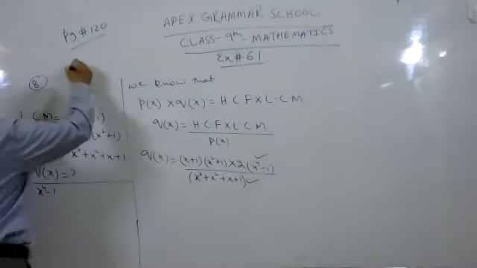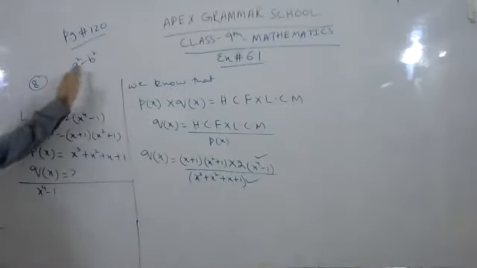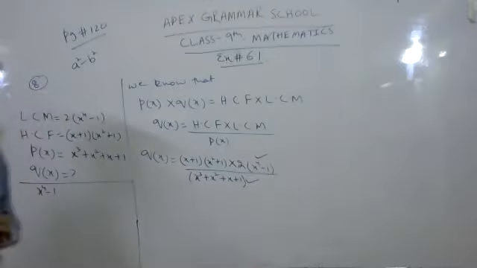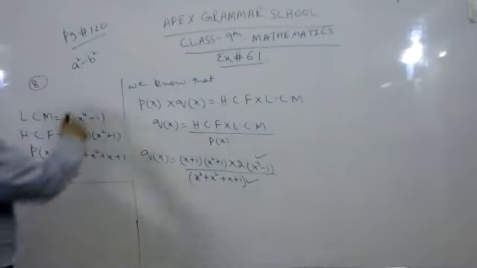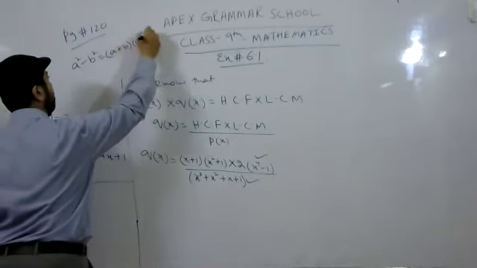We already know that a square minus b square, between two squares if there is a negative sign, then it can be the formula, that is a plus b into a minus b.